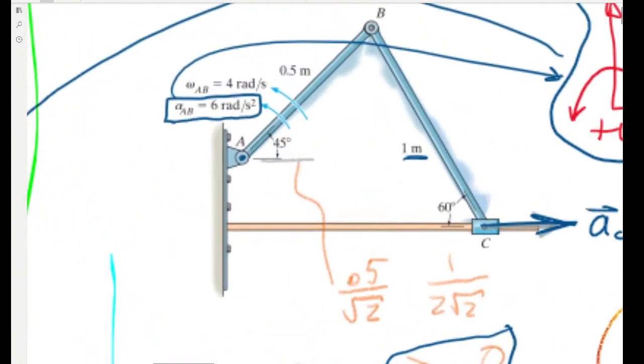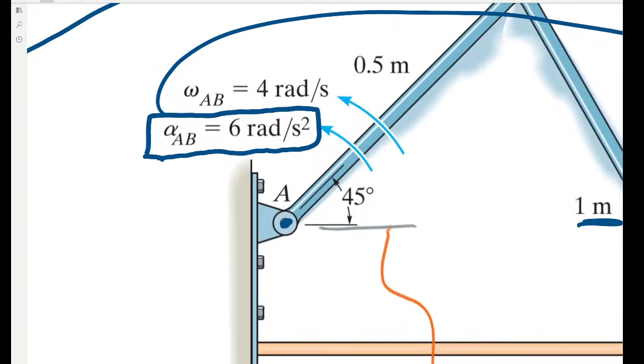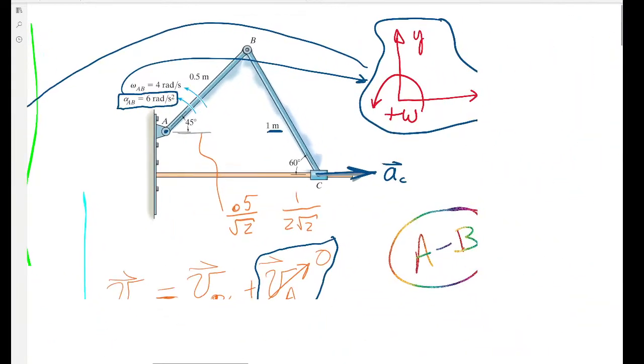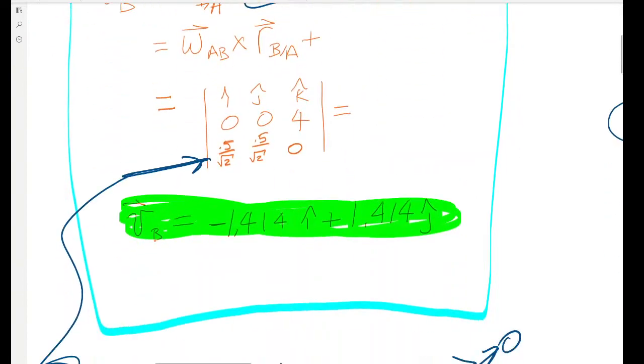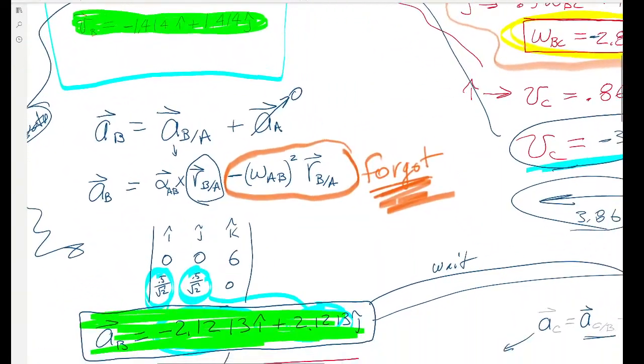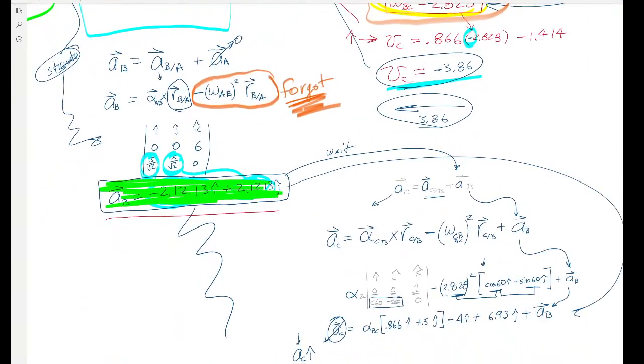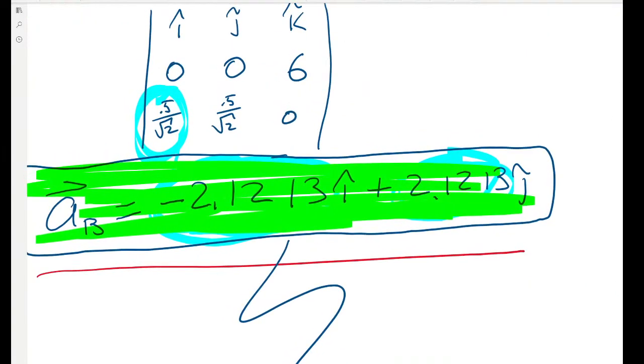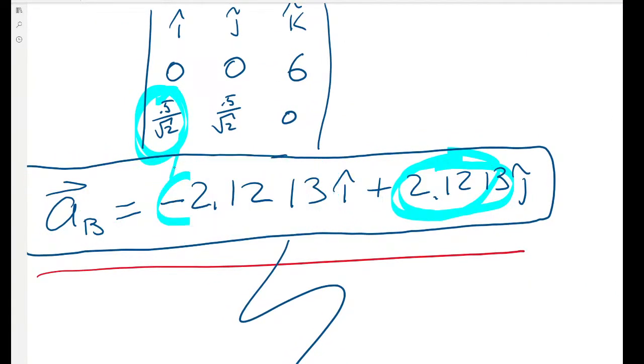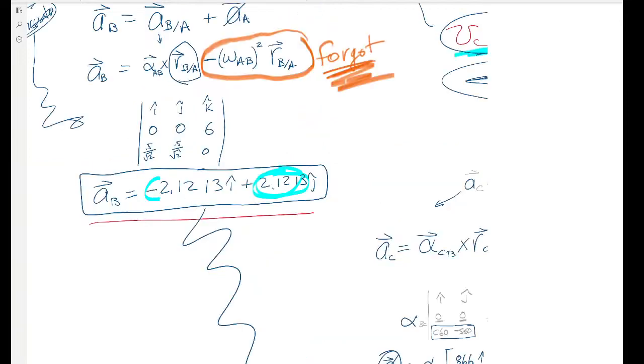So first, I have this term. Oops. I have the 4 radians per second. Okay. So let me try my best at removing some of this extra. Usually you can just hit it and take it off of there. Oh no. Oh good.